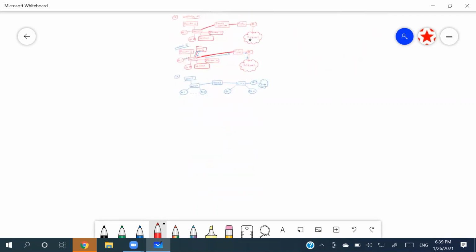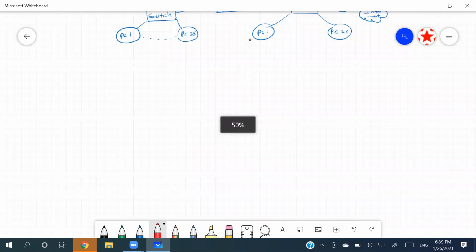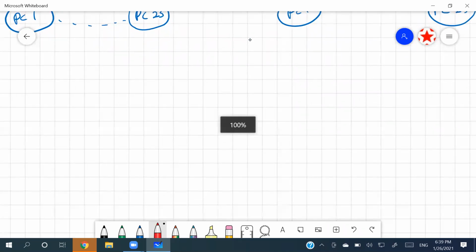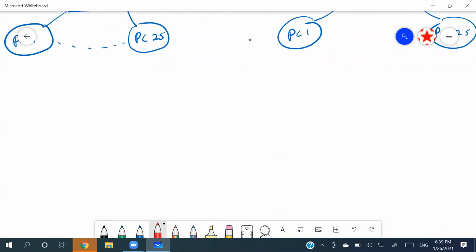Okay, let's start. So now, as we know, when we need to identify a device within a network, as well as when the devices are in different networks, we use an IP address to recognize the device, right? Several devices identify devices using MAC addresses, but that is just for a single network.